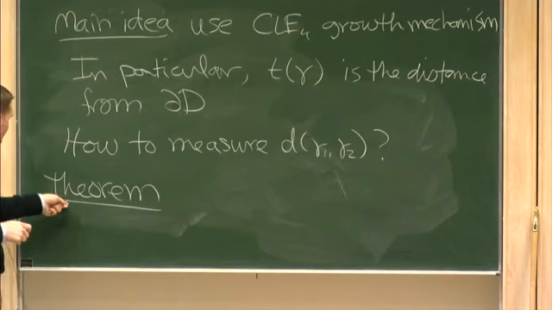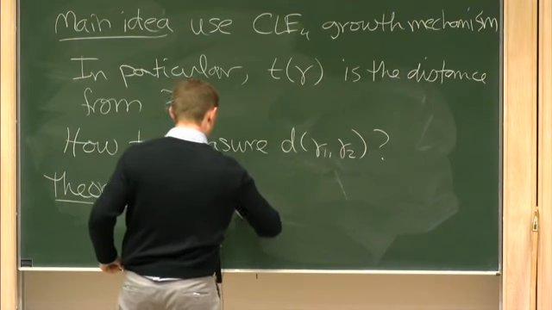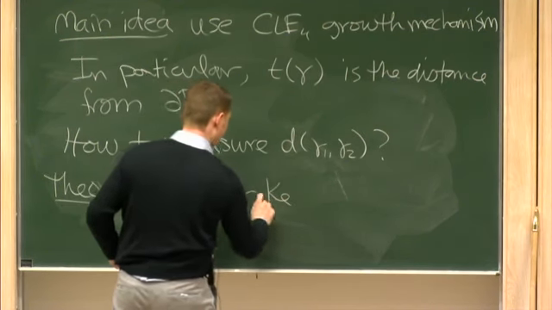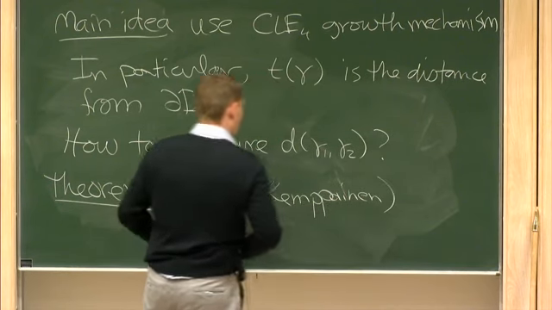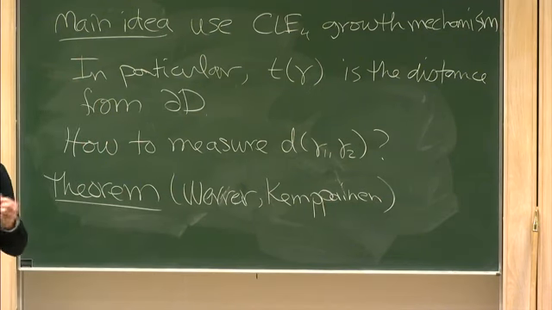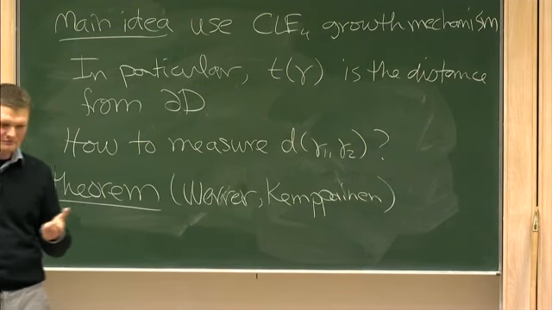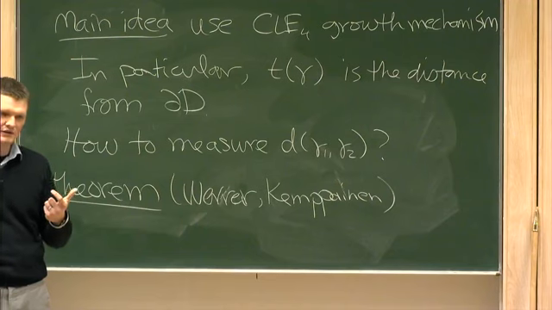So what we're going to do is use a theorem of Werner and Kampainen, which says that if you look at CLE4 in a large disk and you take the size of the disk to infinity, then you end up with a whole plane CLE4 process that has the property that each loop surrounding the origin in that process has the same shape in law.